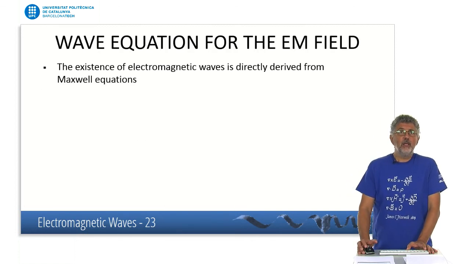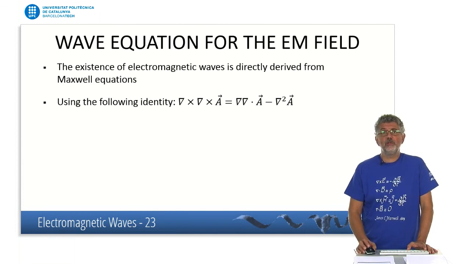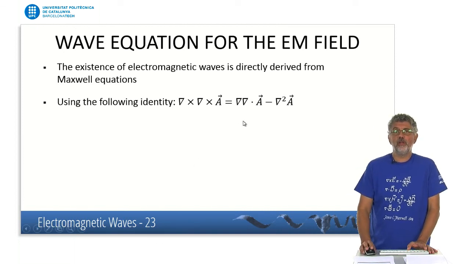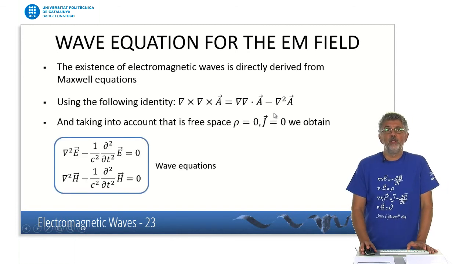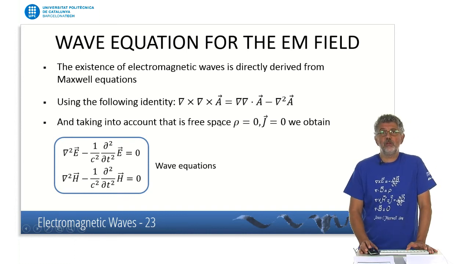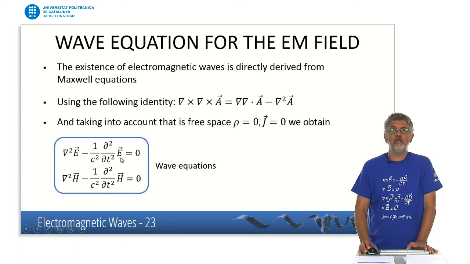In a similar way, we can derive the wave equation for the electromagnetic field. The classical way to derive it is to use a vector relationship that tells us that the curl of the curl is the gradient of the divergence minus this operator here, which is the Laplacian of the vector. So in free space, that is, where charge density and current density are zero, if we take the curl in Faraday's law and Ampere's law, and use this property, it's easily derived that the electric field and the magnetic field have to meet these differential equations.